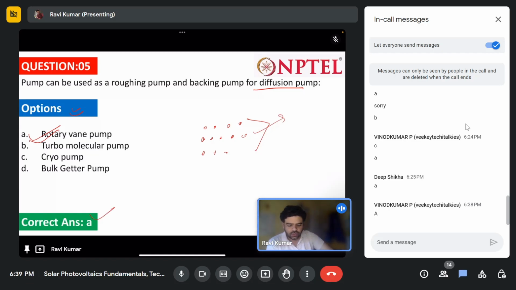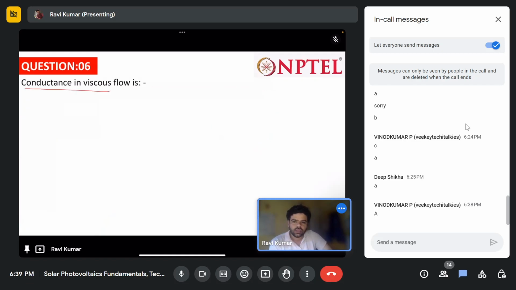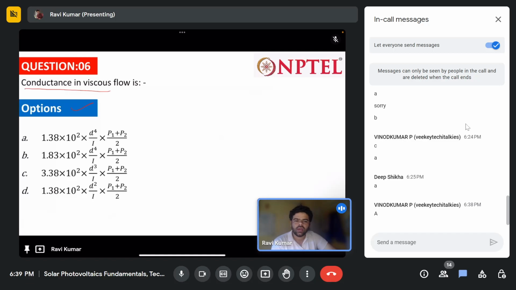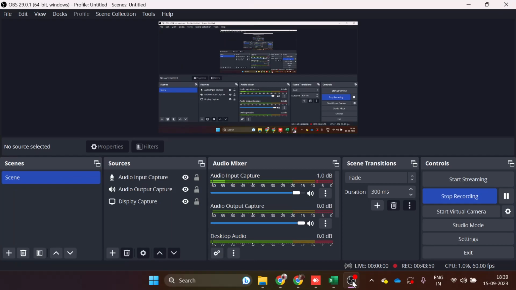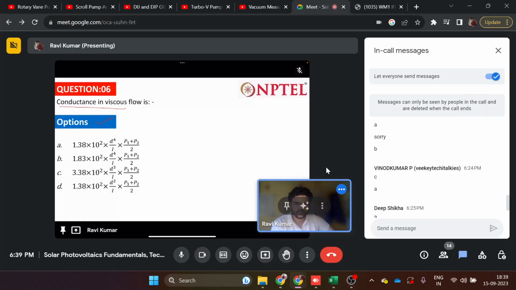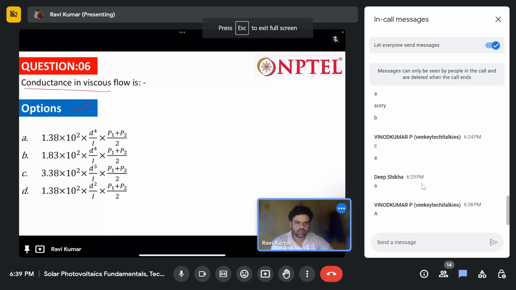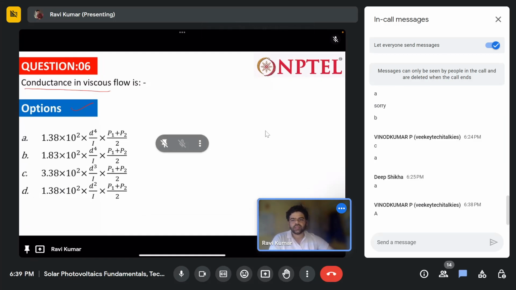The next question is about the conductance in viscous flow. We just need to identify the correct formula for the conductance in viscous flow. A, B, C, or D? It was already mentioned in the lectures.